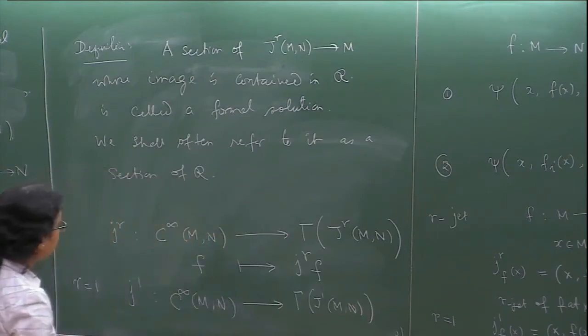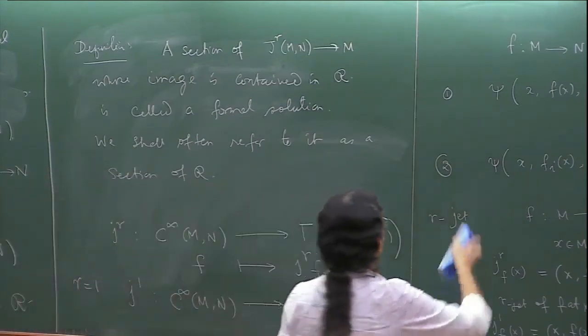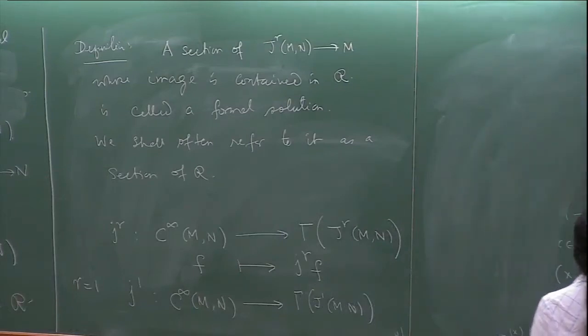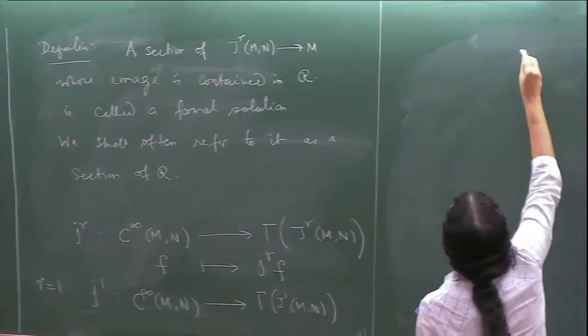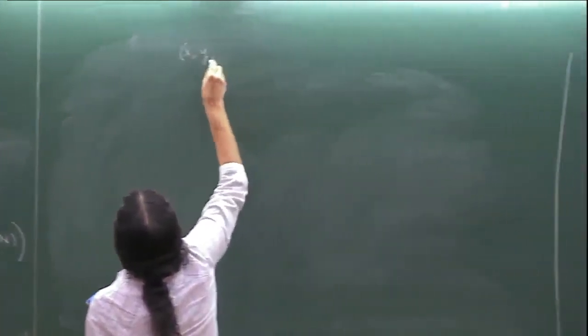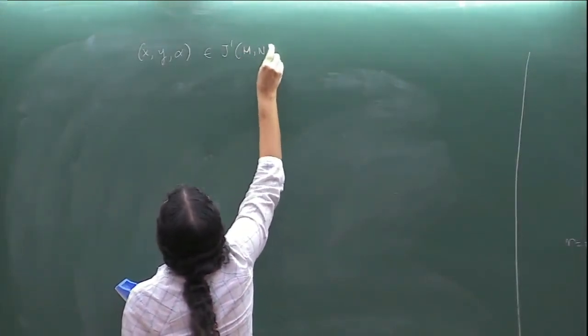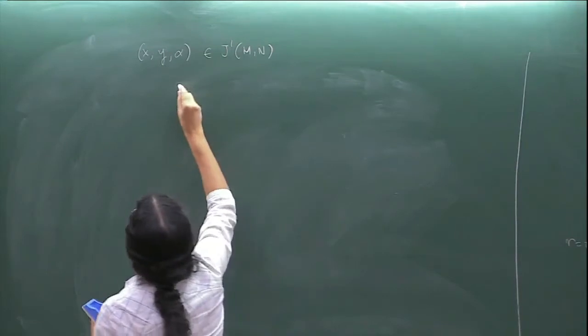So what are the elements in J^1(M,N)? I have said that an element in J^1(M,N) I identify as a triple. What is alpha?